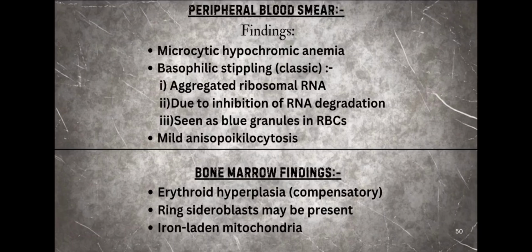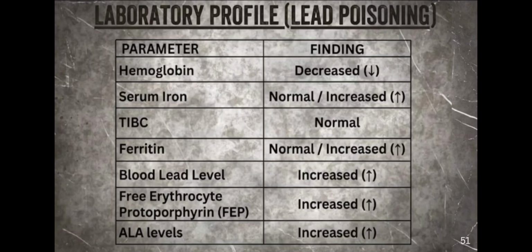Bone marrow findings: erythroid hyperplasia, ring sideroblasts may be present, and iron-laden mitochondria. Laboratory profile: hemoglobin is decreased, serum iron normal or increased, TIBC normal, ferritin normal or increased, blood lead level increased, free erythrocyte protoporphyrin increased, and ALA levels also increased.